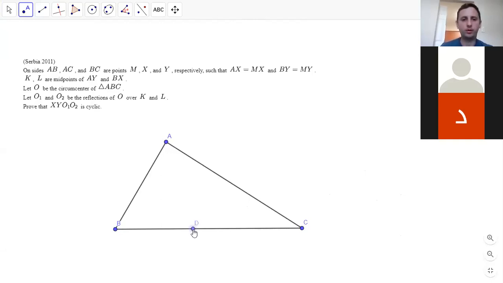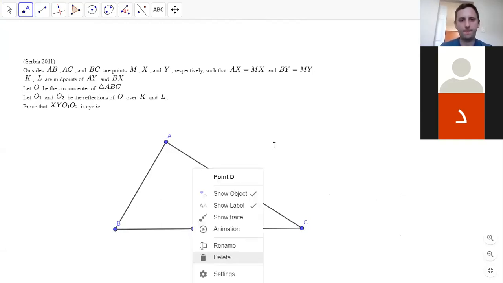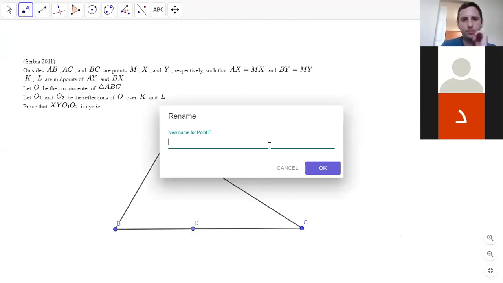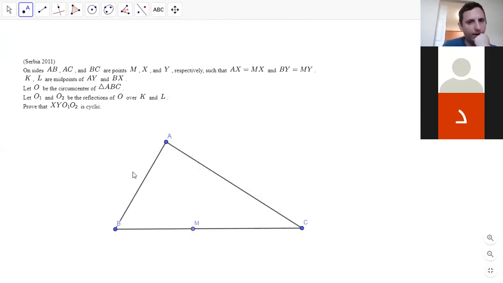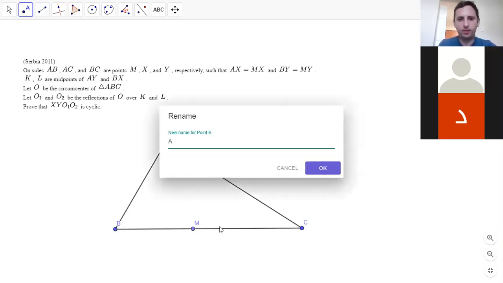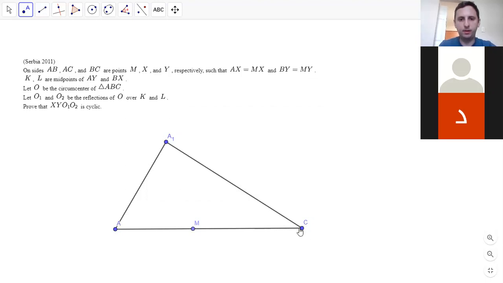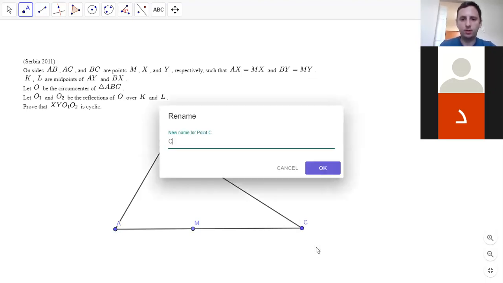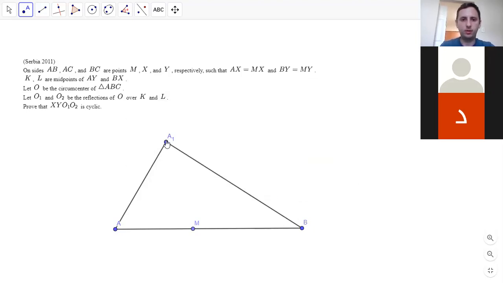So I call this point M. Oh, whoops, M is on AB. So it's probably better if I call this A and this B and this C.